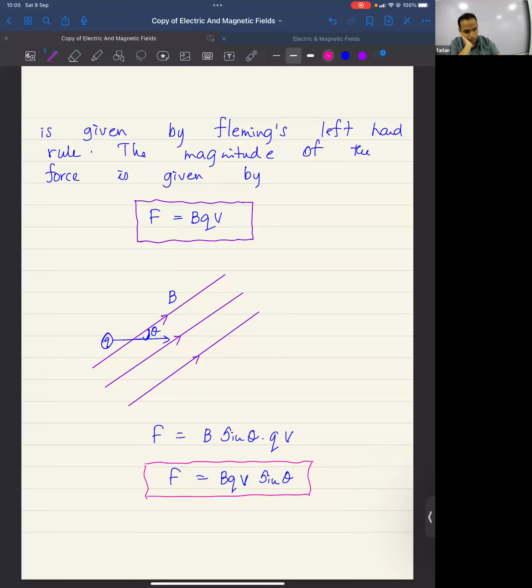The magnitude of the force is given by F equals BQV. So guys, take down this equation. This is the force acting on a charged particle in a magnetic field which is moving at a speed v, where the strength of the magnetic field is B and the charge of the particle is Q.